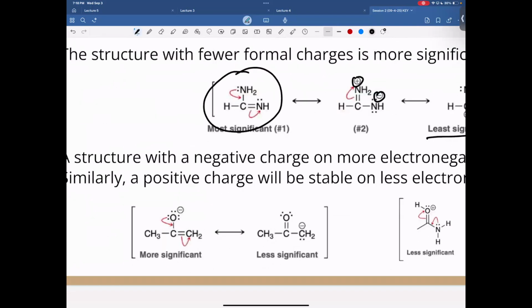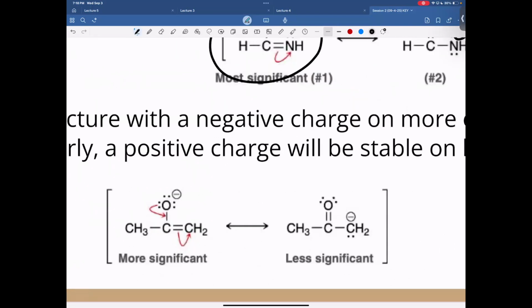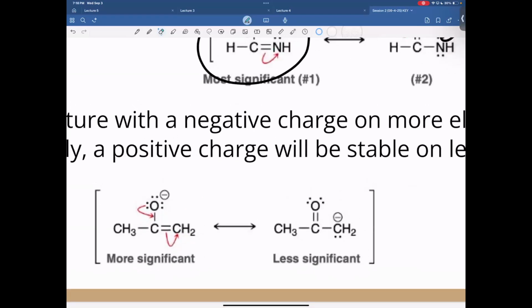The negative charge here is going to be on oxygen, which is fairly electronegative. But on this one, the negative charge is going to be on the carbon. And we all know that oxygen is more electronegative than carbon. So the charge will work better with the oxygen. That's why this structure here is going to be a more significant resonance structure than this carbanion.